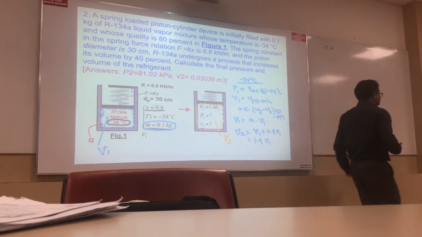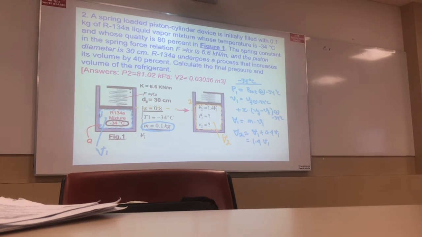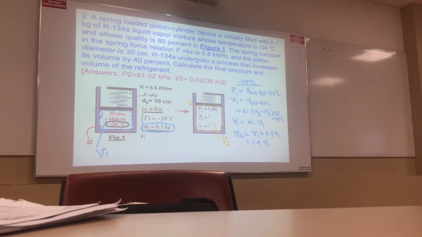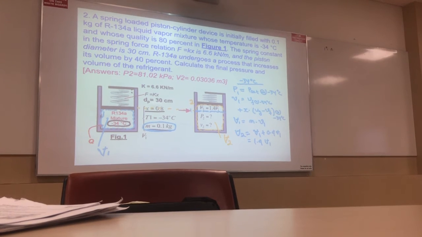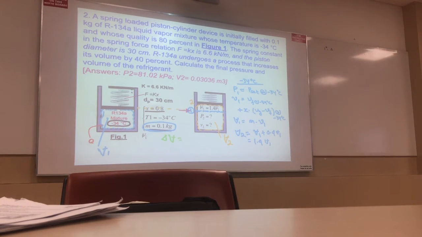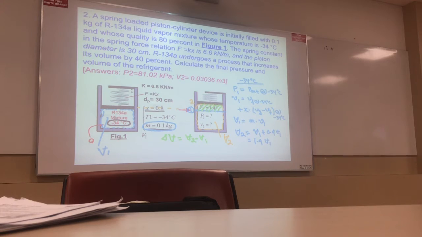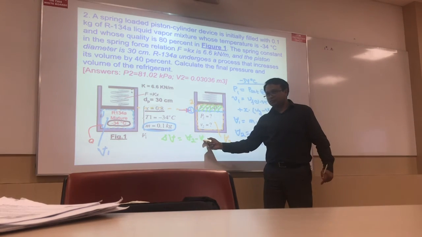So I do it like this. I say this is state 2 and state 1. If I draw one line from here, I believe this is P1, right? This is the initial position of the piston, right? This is 1. So what is delta V? V2 minus V1. Agree? This volume is V2 minus V1.